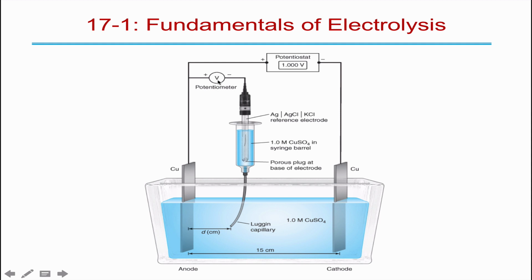And then what I do is I electronically communicate this voltage to the potentiostat. Now the potentiostat is a battery which will drive the potential of this electrode to meet whatever value the potentiostat asks for.